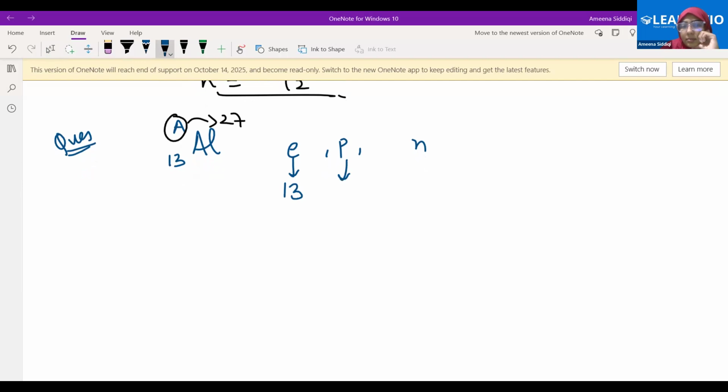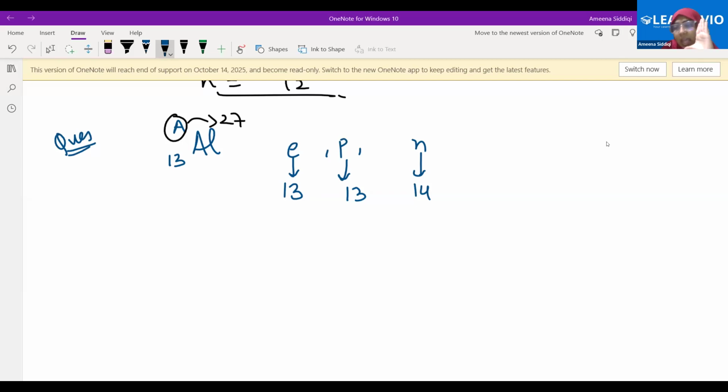Protons, 13. Neutrons, 14. Okay, neutrons number 14. All of you got the same answer? Yes, ma'am, it's 14. Neutrons is 14. Yes, good.